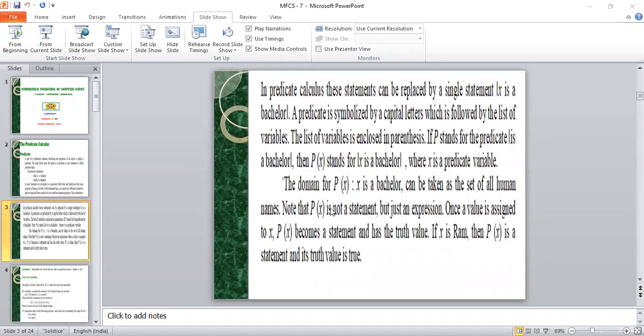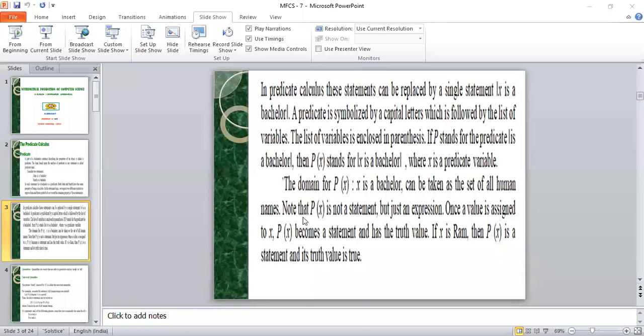So in place of x, we substitute Ram or whatever. Here x indicates the object of the predicate, and P is the common property of those objects. P refers to "is a bachelor", x refers to John, Smith, Ram.